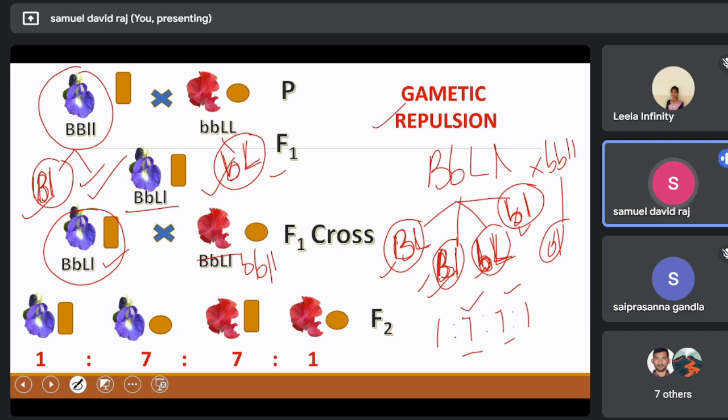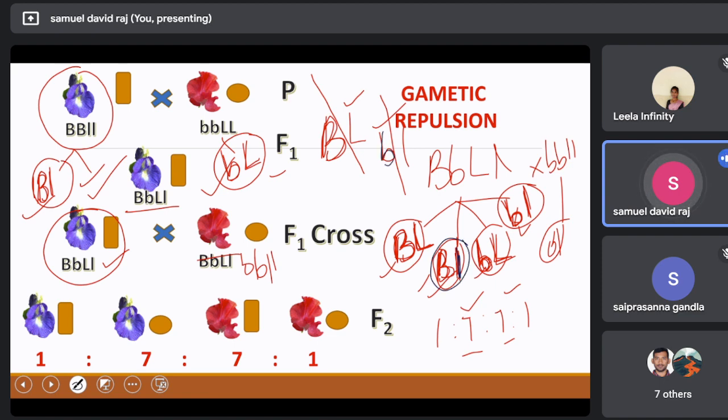Why? They say that capital B, capital L should be one combination, small b, small l should be another combination. But both the dominant genes are repelling each other, and both recessive genes are repelling each other. So capital B, instead of combining with capital L, is combining with small l.